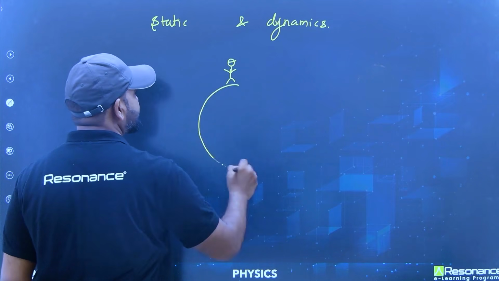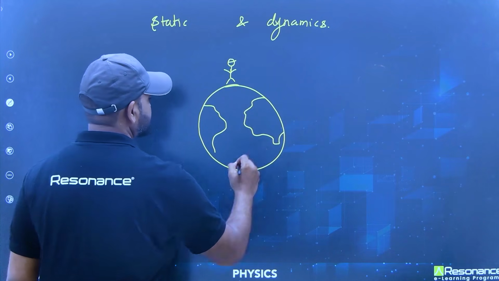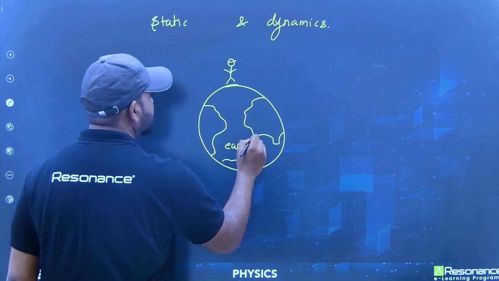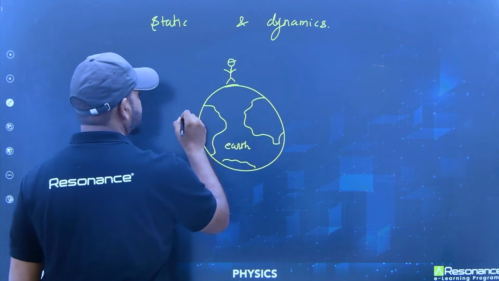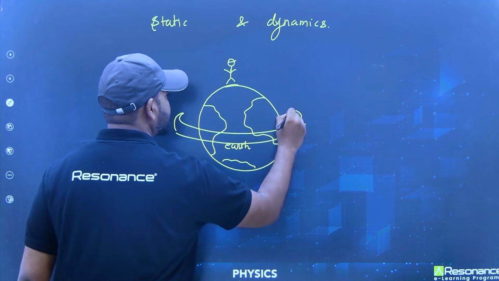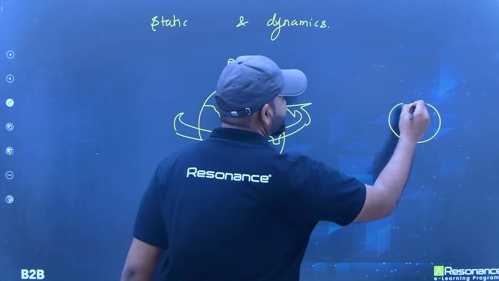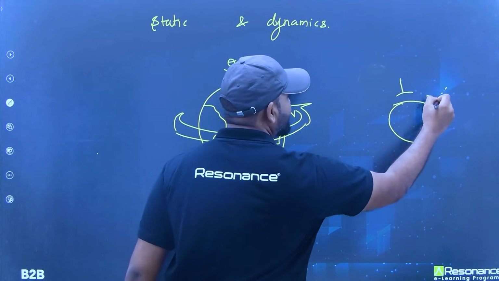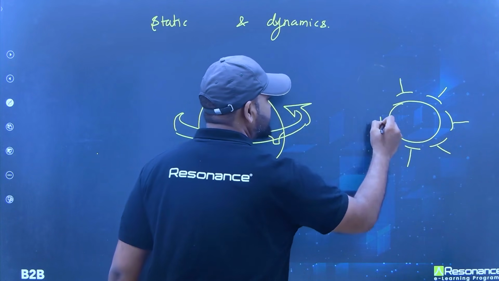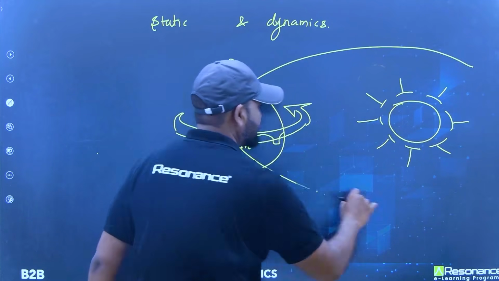and I am on a tiny thing called planet Earth, which is rotating. And at the same time, it's revolving around something massive for Earth, but tiny in the universe, and that is the Sun.